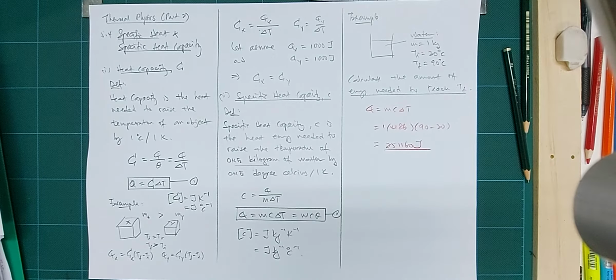Now remember, this C value is not only used for raising the temperature. You can also use it to calculate how much energy is released when the temperature drops by that much.